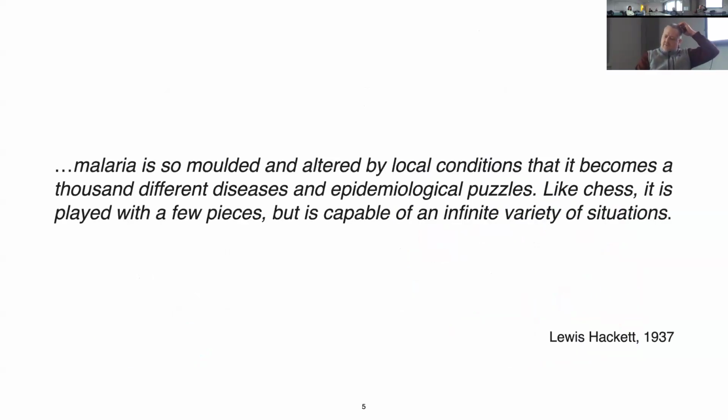The other thing about malaria that's really important is that it's transmitted by Anopheline mosquitoes, but there are lots of species of Anopheline mosquitoes. One of the early-century malaria epidemiologists compared malaria to a game of chess, with simple pieces that combine in unique ways. This Hackett's hypothesis about malaria being a locally peculiar thing is one of the things that concerns us about malaria control.